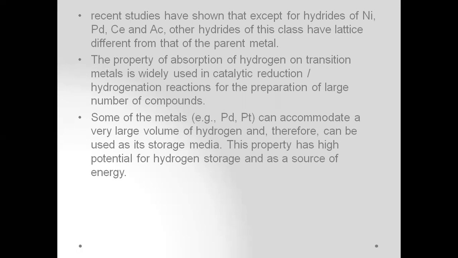Some of the metals like Pd and Pt can accommodate a very large volume of hydrogen and therefore can be used as storage media. So this property has high potential for hydrogen storage as a source of energy.